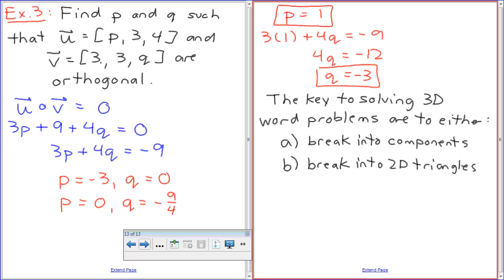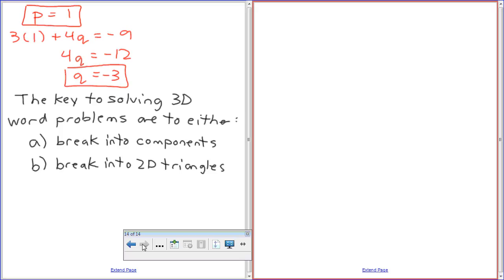Okay, here we go, example 4. Batman. I can't. No. Please, we're so close.